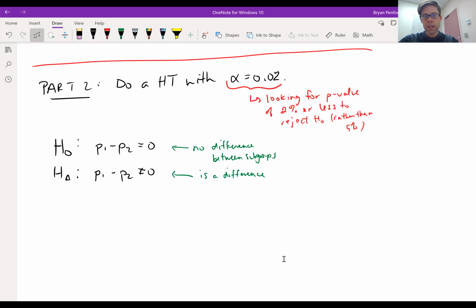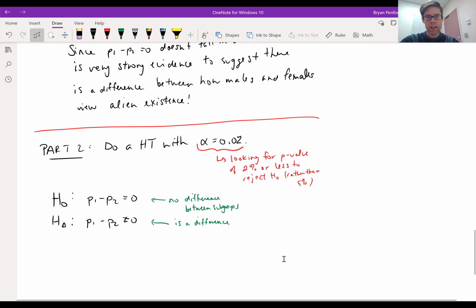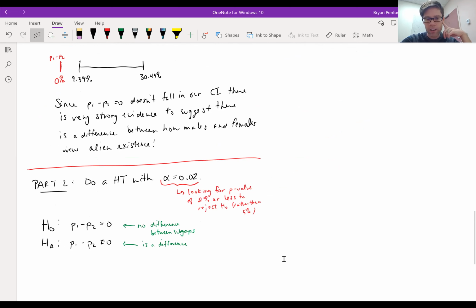So you can see how this ties back into that confidence interval that we made back here, right? If there was enough evidence for us to suggest that there was no difference between the groups, I'd expect that red bar to be somewhere inside of the interval. This interval essentially is telling us where we expect P1 minus P2 to be.